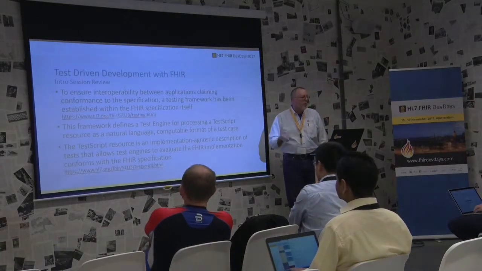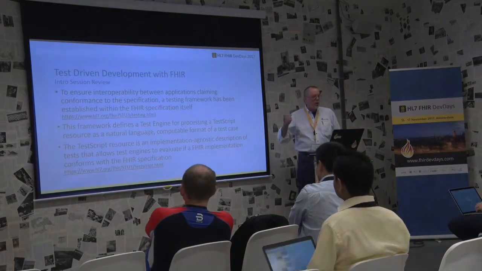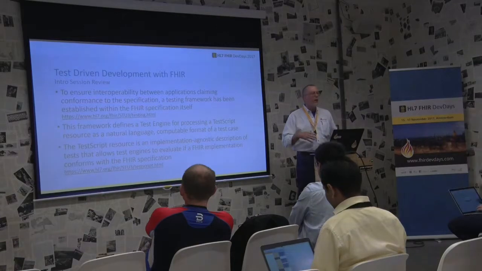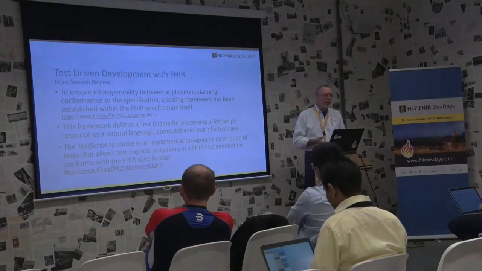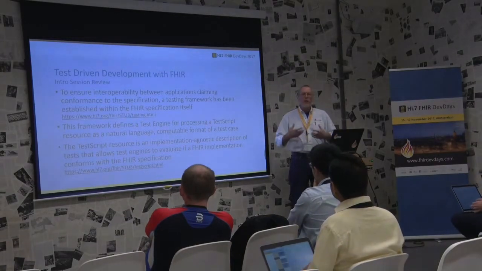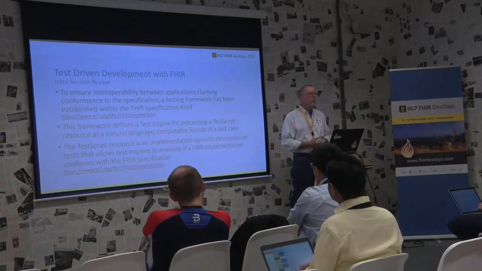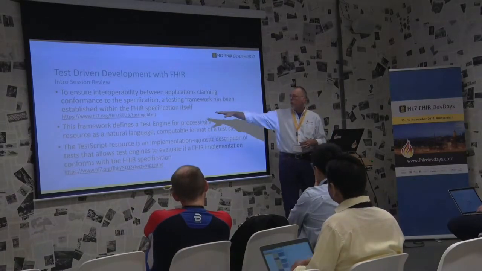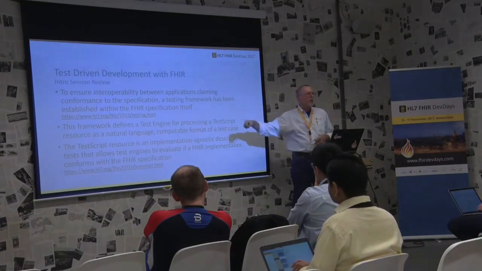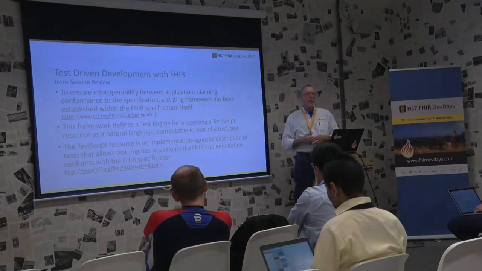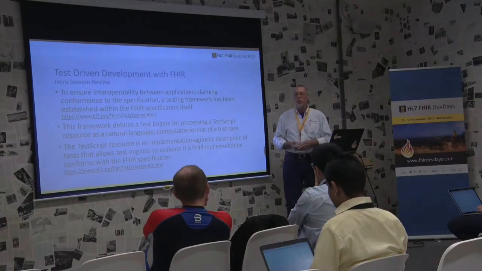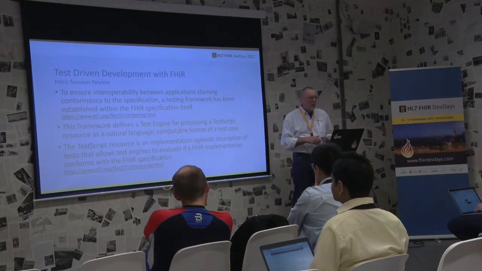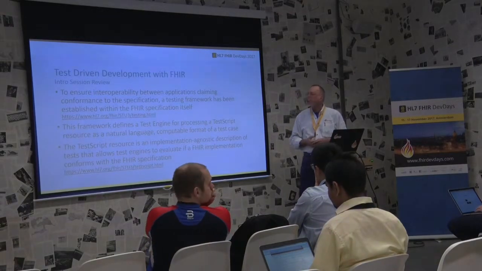Just a recap from yesterday. We talked yesterday about the fact that now that the FHIR spec has a testing framework defined in it, we now have a means to define how you test your implementations in FHIR. So the URL is basically testing.html up on the spec, and that's where you're going to see all the information about what a FHIR test engine should be capable of doing for testing of FHIR implementation according to the specification.